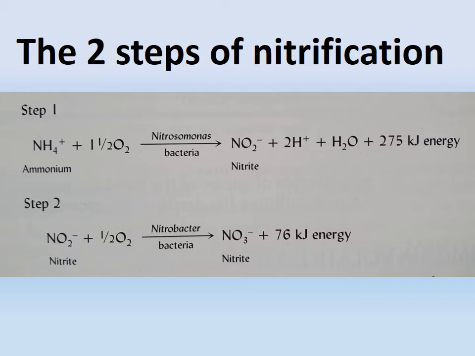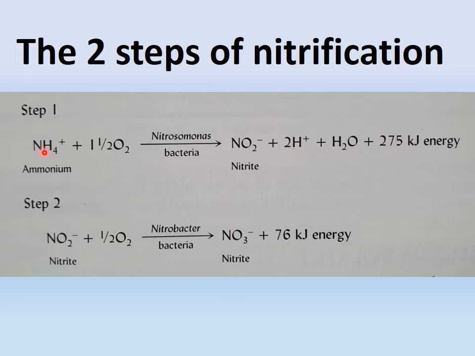So as I've said before, nitrification is a two-step process which results in a net increase in hydrogen ions being released into the soil solution. So we're saying nitrification is the conversion of the ammonium ions to nitrate ions.